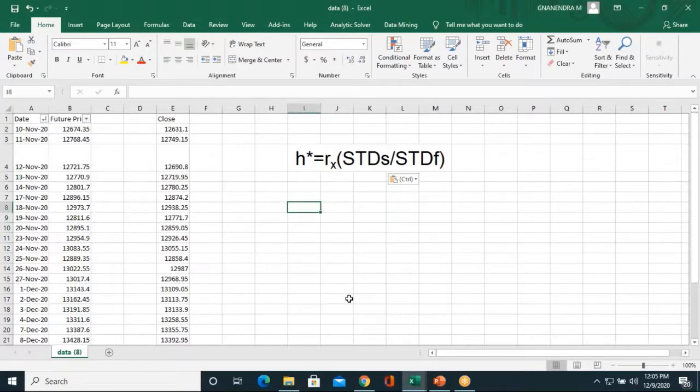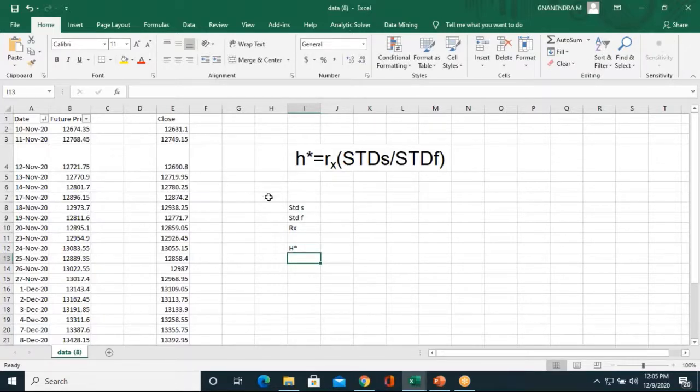I'll write here: one is standard deviation of X, S, that is spot price, standard deviation of F, future price. Then I want Rx. Rx is nothing but coefficient of correlation. These things, and a hedge ratio. I need to calculate hedge ratio.